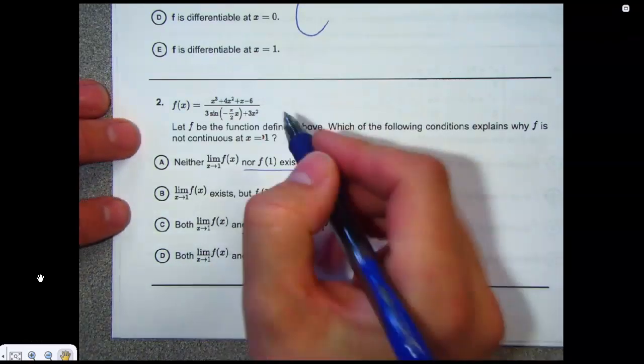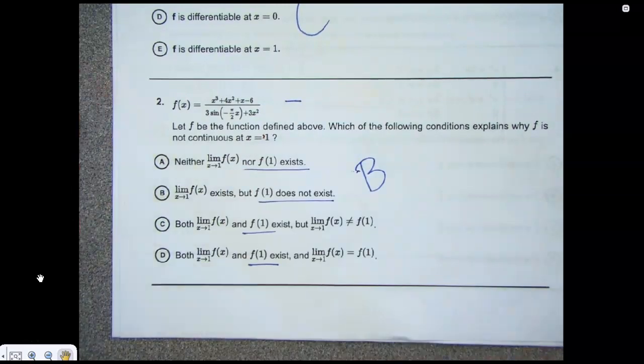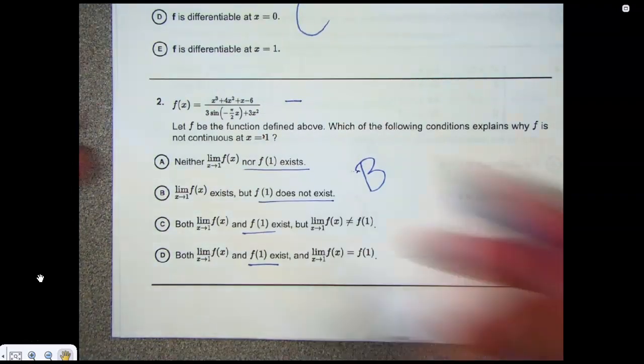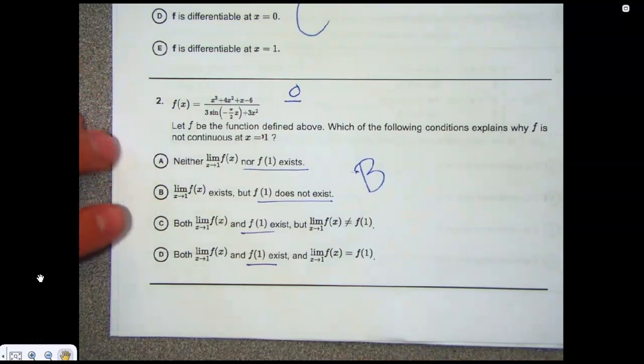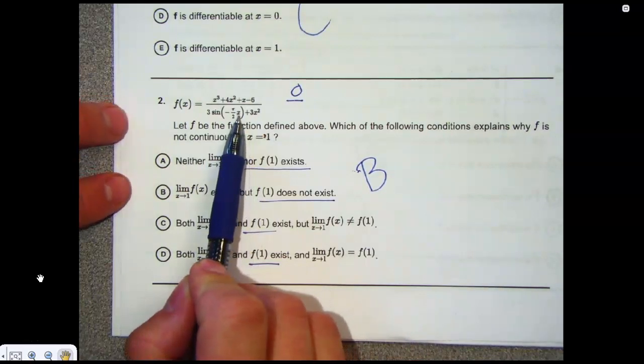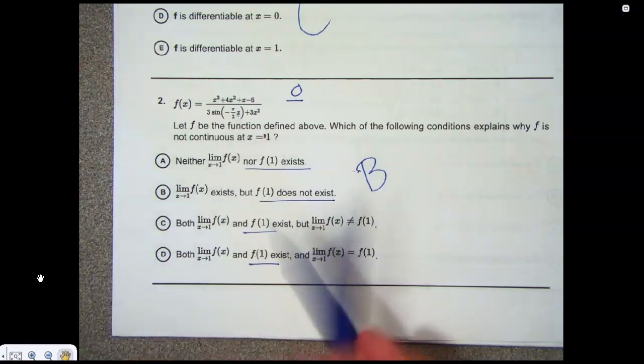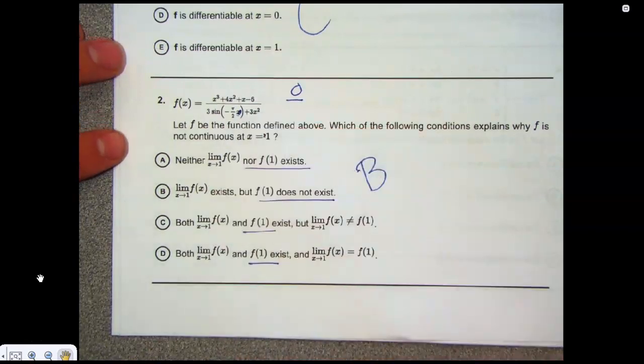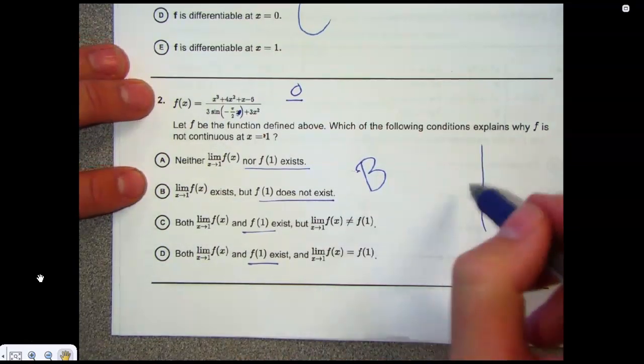If you plug in 1 on the top, there's no trig there, so you can probably do that. You get 0. On the bottom, we should probably talk through the trig real quick. If I plug in 1 for x, what's negative pi over 2 times 1? It's just negative pi over 2. What's pi?